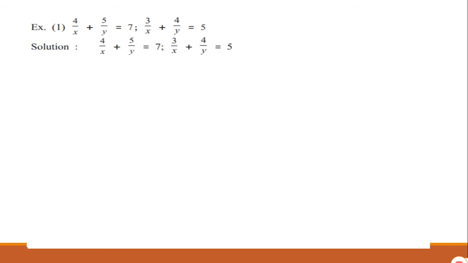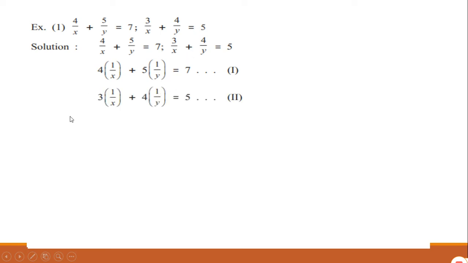So, separate the coefficients from the variables. 4 into bracket 1 upon x plus 5 into bracket 1 upon y equal to 7. And again for second equation 3 into bracket 1 upon x plus 4 into bracket 1 upon y equal to 5. Now this part in both the equations is common.